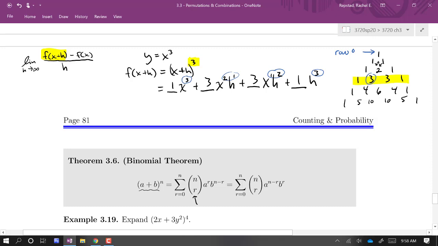Like this entry right here, that's 1, 2, 3, row 3, one space in, so that's 3 choose 1. The first entry in each row is the 0th entry, 0, 1, 2, 3. So this is 3 choose 1, this is 3 choose 2, this is 3 choose 3. And so on. And that's what the binomial theorem tells us.